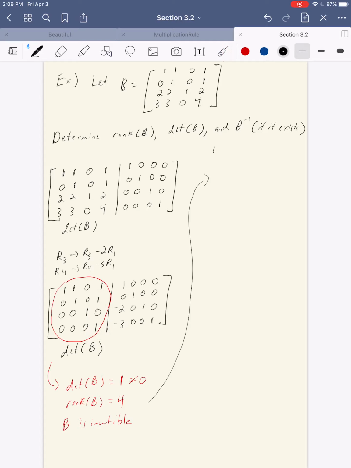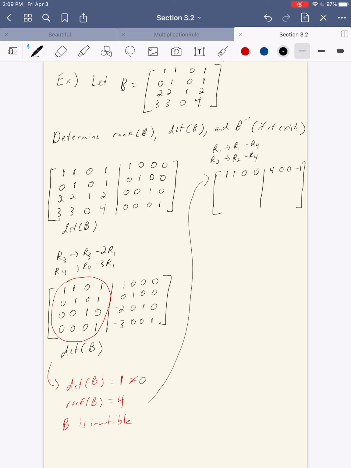It looks like we'll need to replace row 1 with row 1 minus row 4, and replace row 2 with row 2 minus row 4. Again, we've already calculated the determinant, so we don't need to track that anymore. We're just trying to find the inverse here. If we do that, we should get 1, 1, 0, 0, and if we subtract there, we should get a 4, then 0, 0, minus 1.